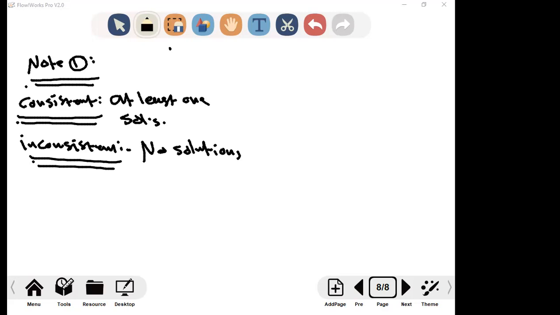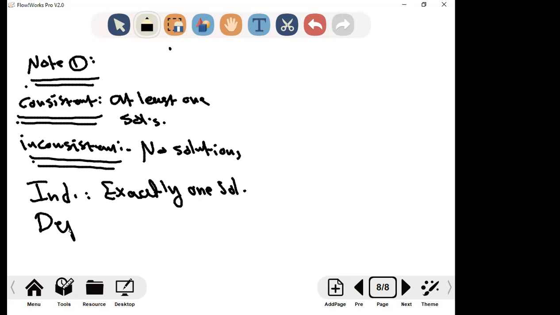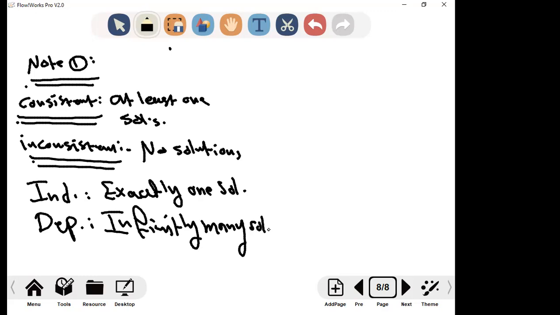Okay? So independent means exactly one solution. Dependent means infinitely many solutions. Done?